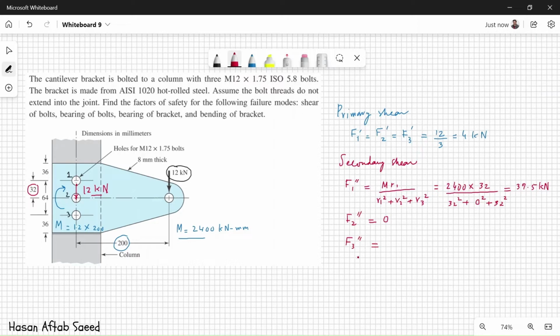F3 double prime will be exactly equal to F1 double prime because again the distance from the centroid of the bolt group is the same for both bolt 1 and bolt 3. So you just simply write it down as 37.5. The directions will be different, obviously, but as far as the magnitudes are concerned, they are the same.